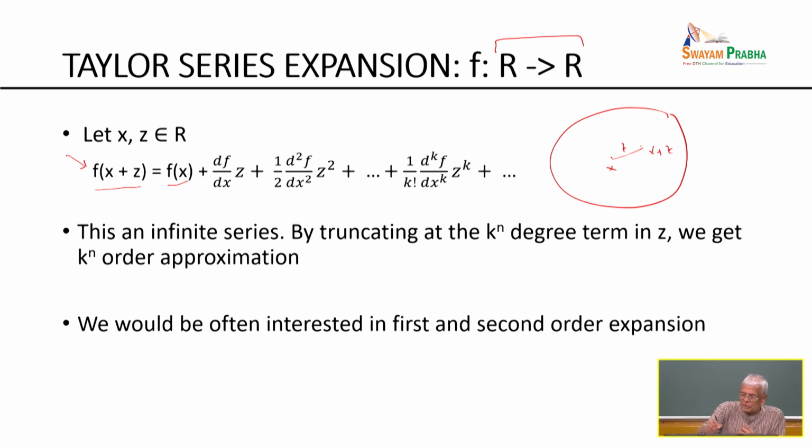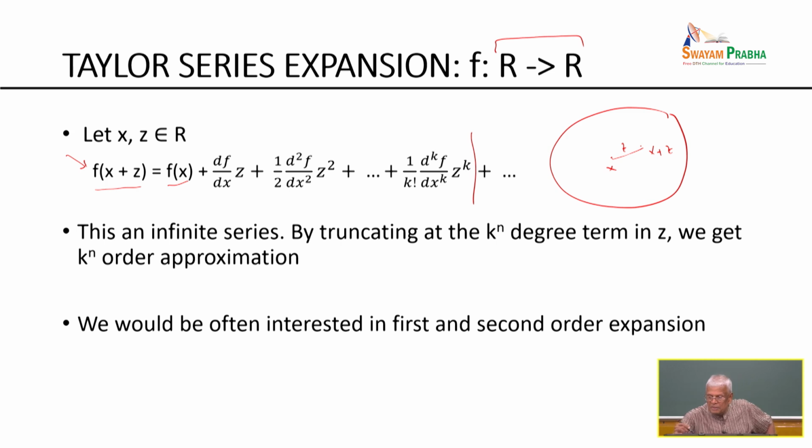In principle, this is an infinite series, but in practice I cannot deal with anything infinite. I have to truncate it. So here I have truncated at the kth degree. This is what's called the kth order approximation of the value of the function f of x plus z at x, where z is called the perturbation.